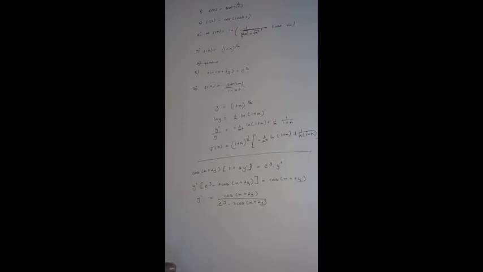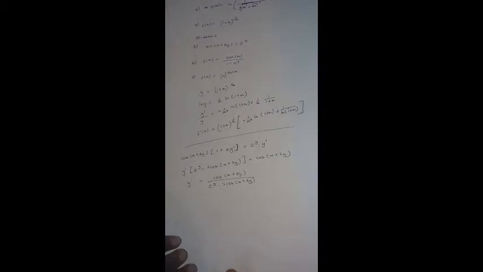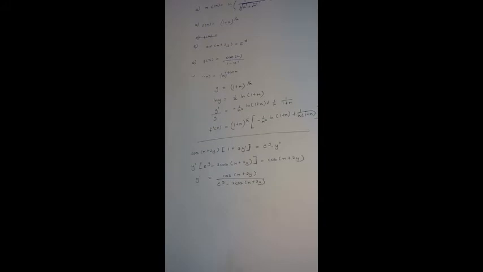Okay, moving on to the sixth question, which is f of x being equal to tan x over 1 minus x squared. So with this question, you can see that we have a fraction, tan x over 1 minus x squared. So the easiest thing will be to use the quotient rule.